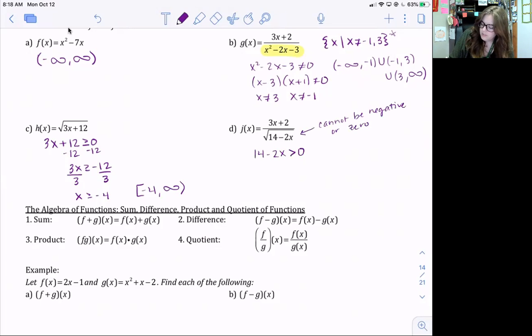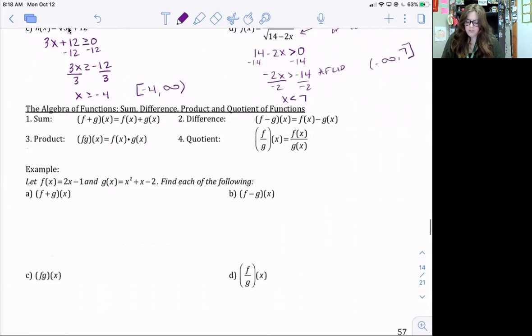So if we solve this, subtract the 14, negative 2x is greater than negative 14, divide by negative 2, and careful with this that we remember to flip, and we get x is less than 7. So our domain is negative infinity to 7 with a bracket.